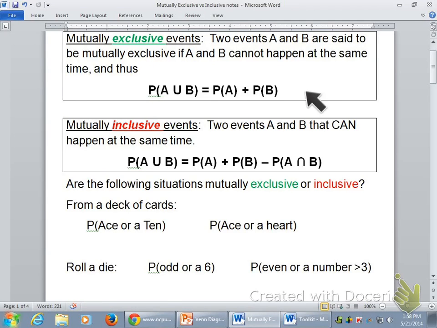So what we're going to do is take these two definitions here, and then go check something out online real quick.